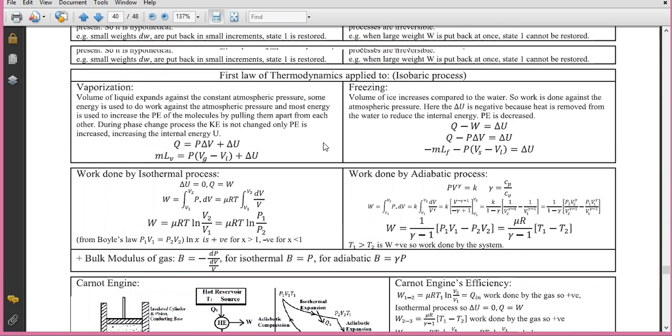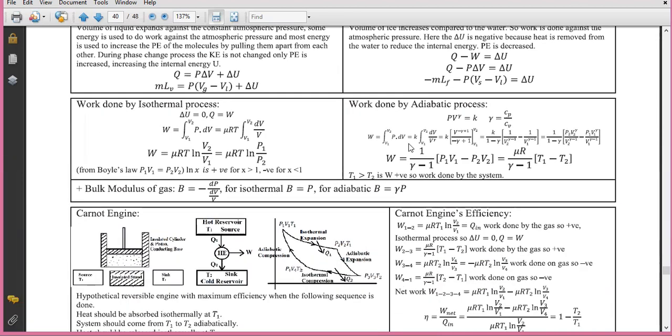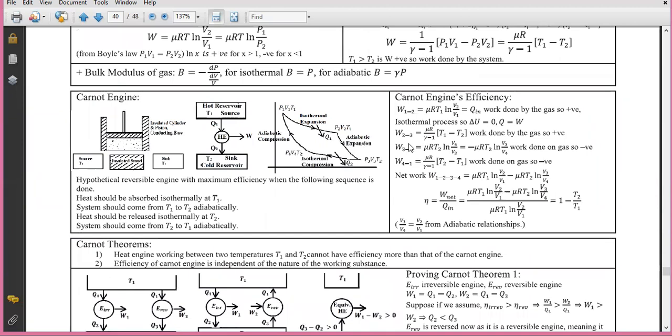So I talked about this vaporization, freezing, right? I wanted you to go through this yourself. Very simple, we are just doing Vg minus VL. As I told you, the last part is Carnot engine.